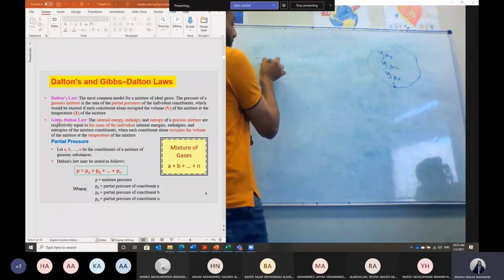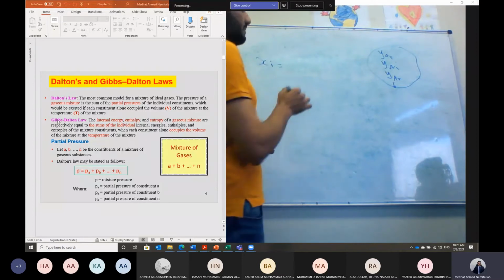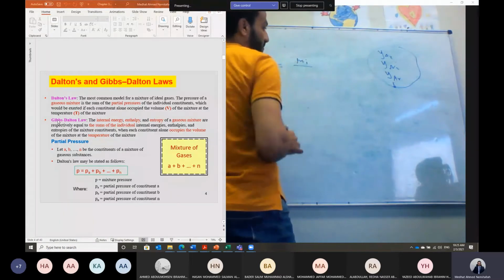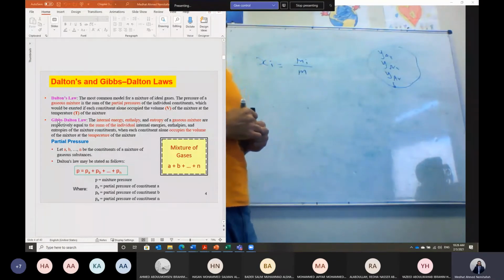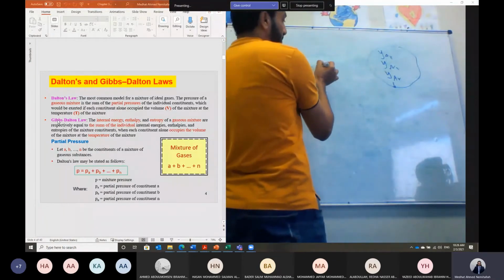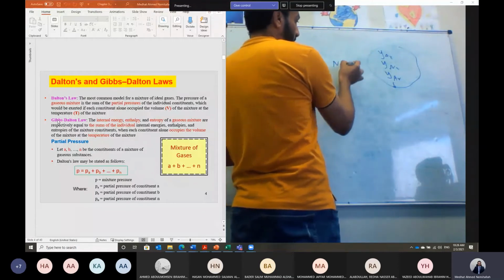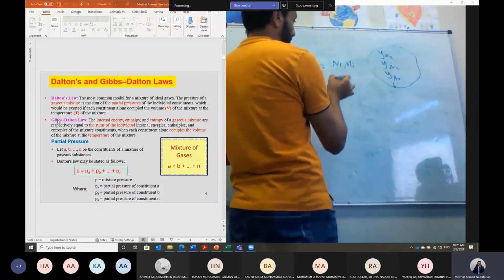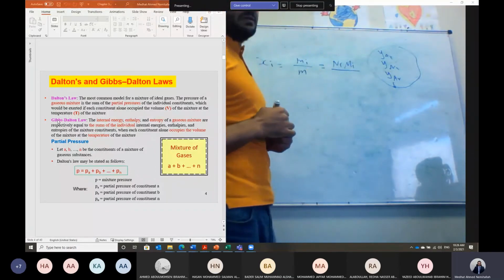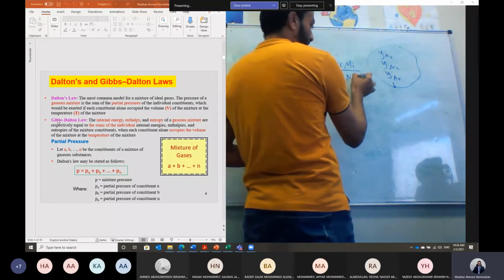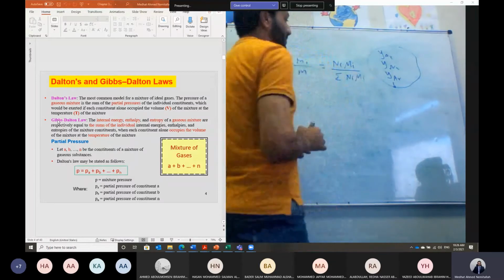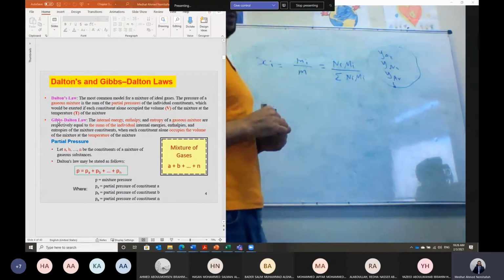For any component, the mass fraction xi is equal to the mass of this component divided by the total mass. The mass of this component is equal to its number of moles multiplied by its molecular weight, divided by the total mass. And the total mass is just the summation of the number of moles for each component multiplied by the molecular weight for each component.